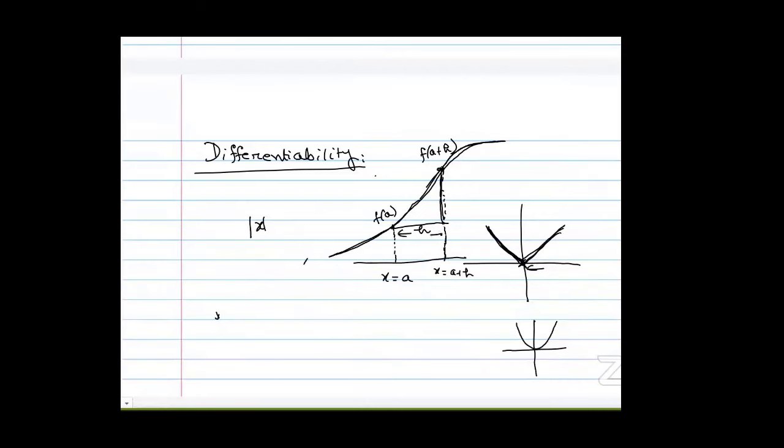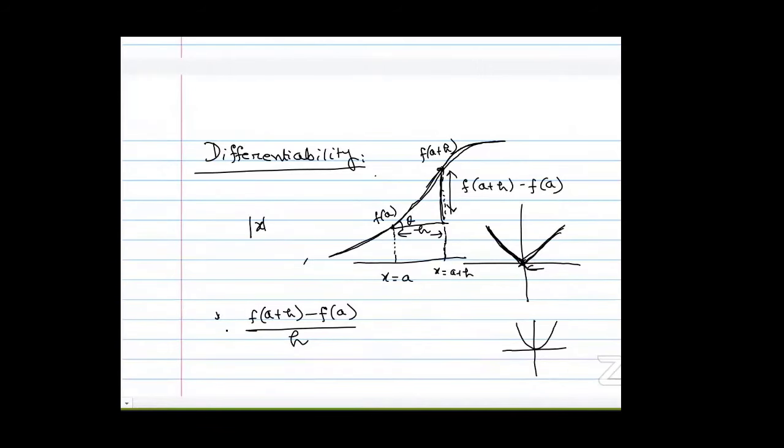This length is h, and this length is f of a plus h minus f of a. Perpendicular by base is nothing but the slope, tan of that angle. If this angle is theta, then this is tan theta. Is it clear?